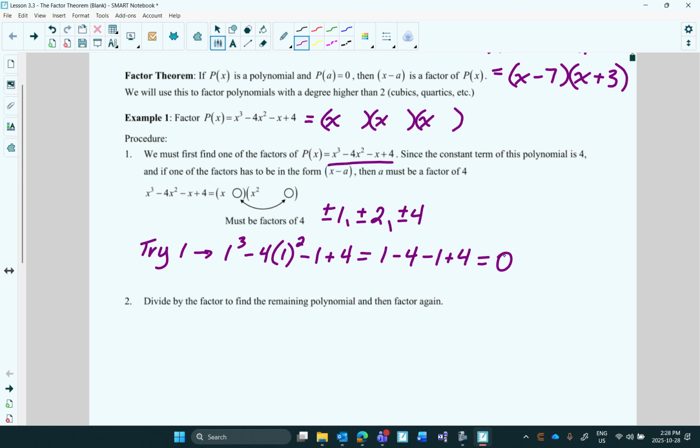That means a is 1. How do I write that as a factor? What do I put here? x, what sign? Minus, because it has to be in subtraction form, right? So x minus 1 is a factor. We've got one of them.